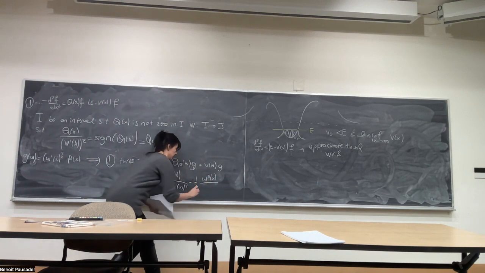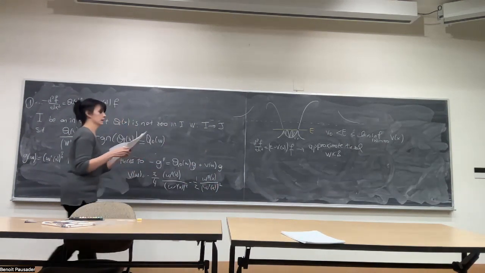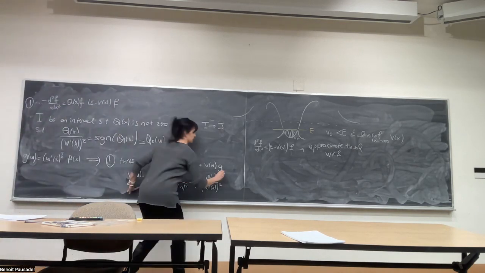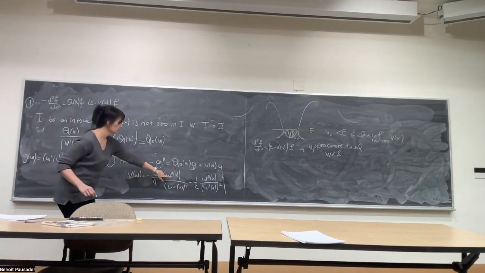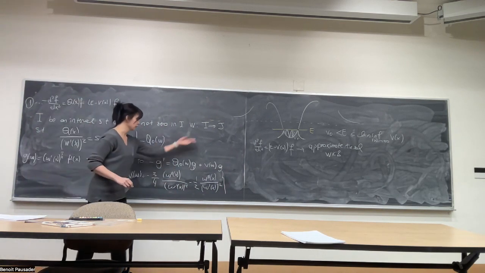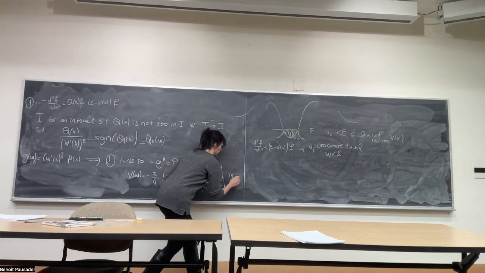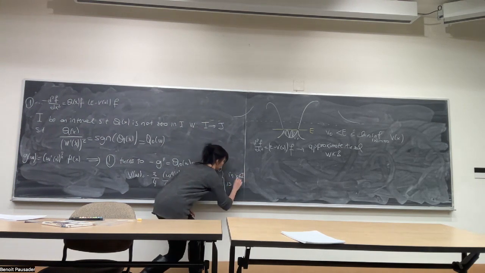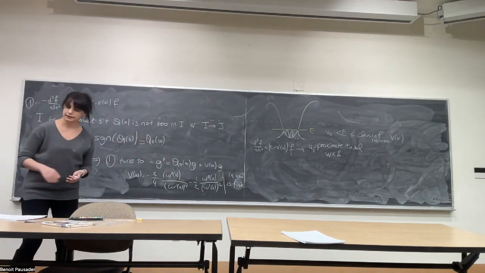So what you want is, if the integral over x in I, in terms of W in J, is finite, then this tells you that you can actually approximate your solutions.